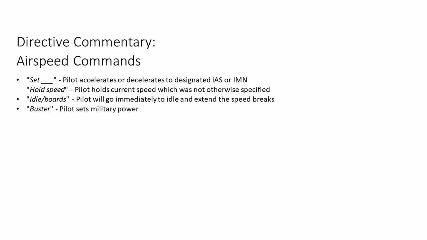Airspeed commands: set followed by a speed, and the pilot will accelerate or decelerate to that speed. Hold speed: the pilot will hold the speed you're currently running. Idle or boards: the pilot will immediately go idle and extend the speed brake. And buster is to get the pilot to set military power. Hopefully they put the speed brake down first.